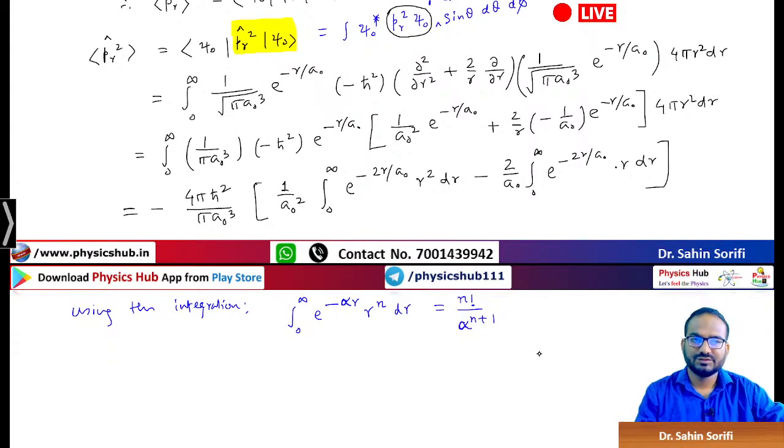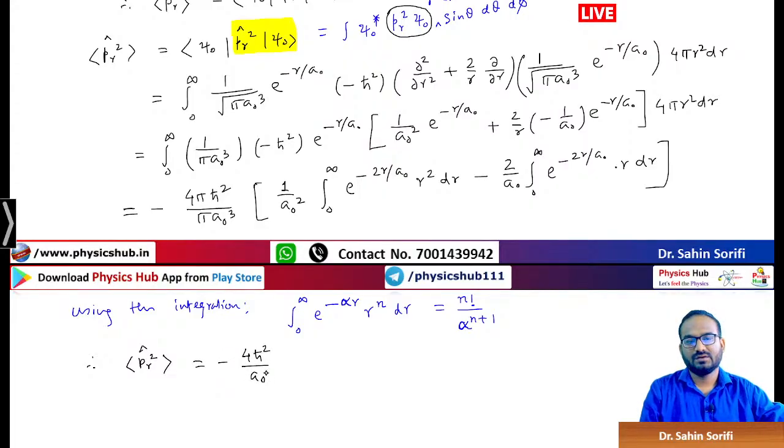If you use this integral, then we can write the expectation value of PR square equals, pi gets cancelled, so minus 4 h cut square by a naught cube into 1 by a naught square, and in this integration alpha equals 2 by a naught for the first case.